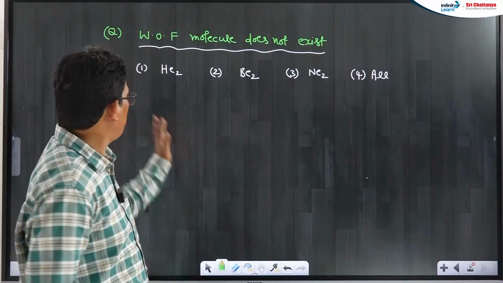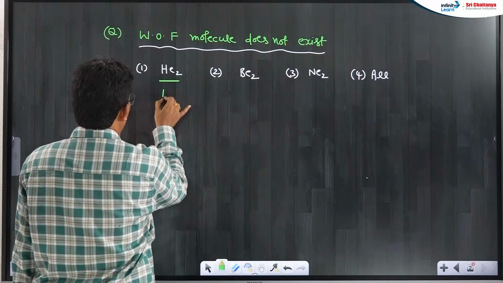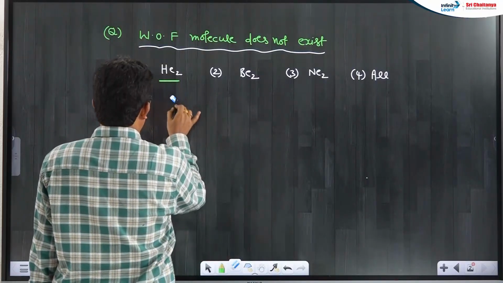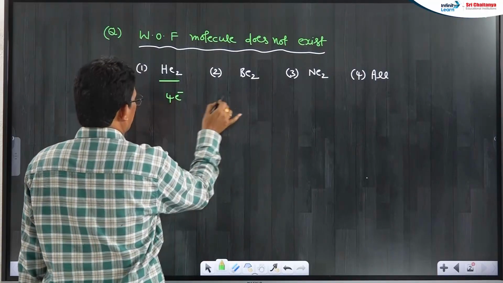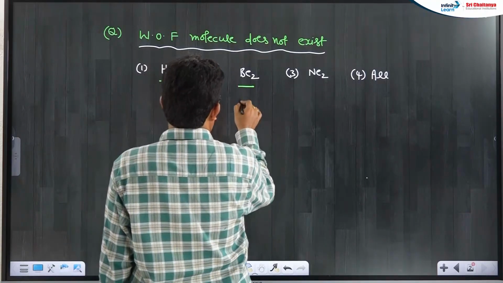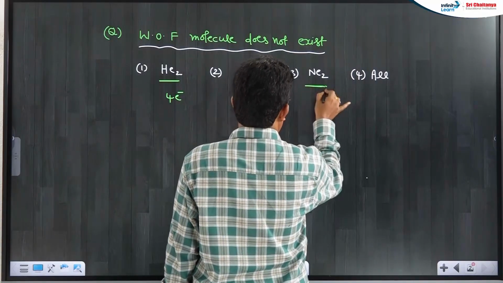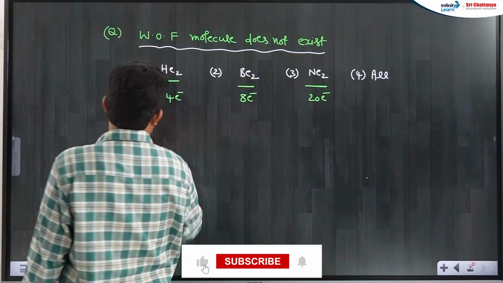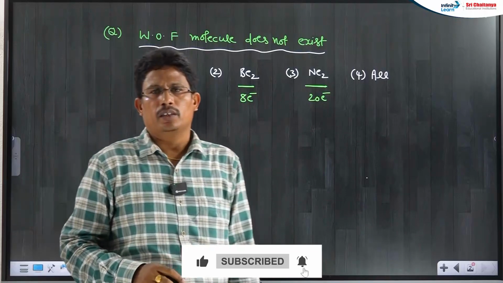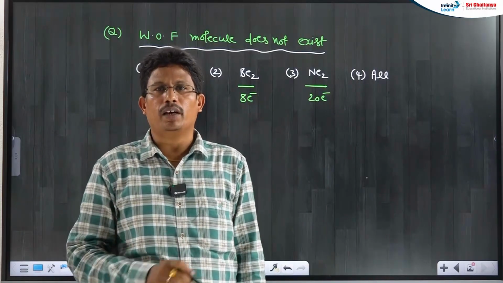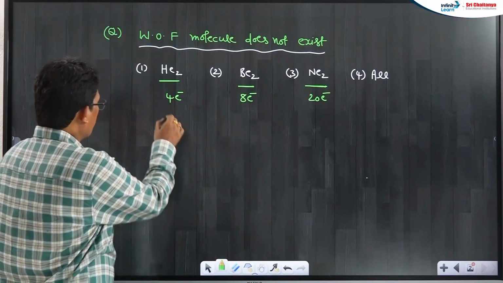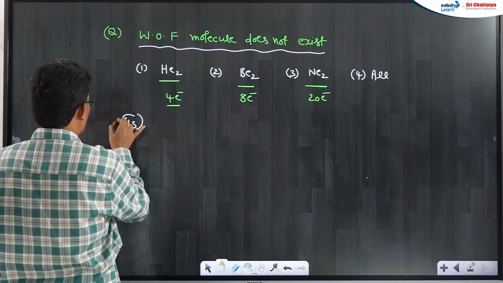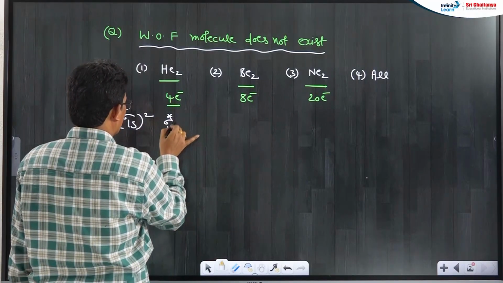Find the bond order for the helium molecule. Helium, how many electrons? 4 electrons. In beryllium, 8 electrons. Neon, 20 electrons. For 4 electrons, how to find bond order? If the number of electrons is below 7, write the configuration. For 4 electrons, the configuration is sigma 1s2 sigma star 1s2.